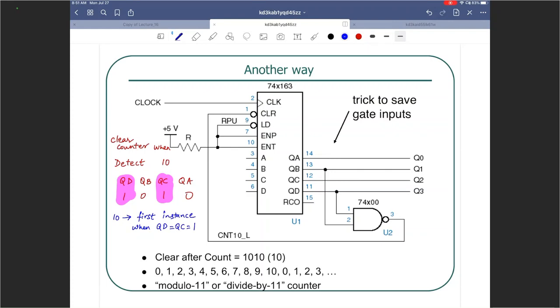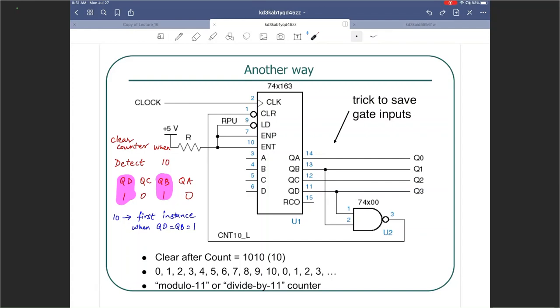So if you are starting from 0 and you are counting up, the moment QD and QB, why did I write QC here? This is QC, this is QB. So the moment QD and QB become a 1, that's the first time that indicates that 10 has happened. You don't really care about the other two outputs in this case.